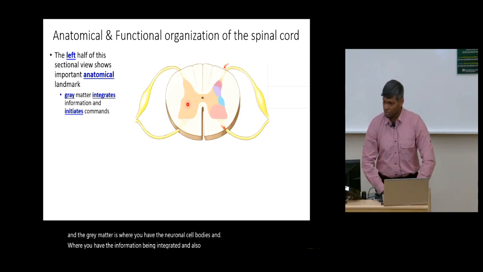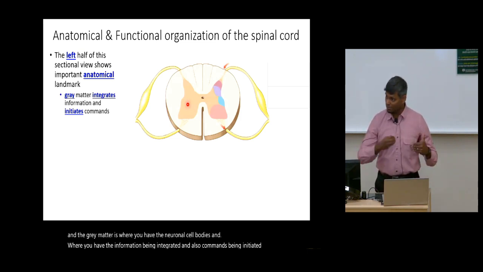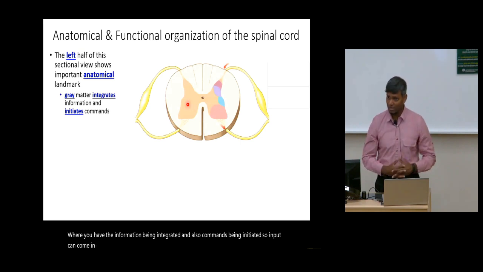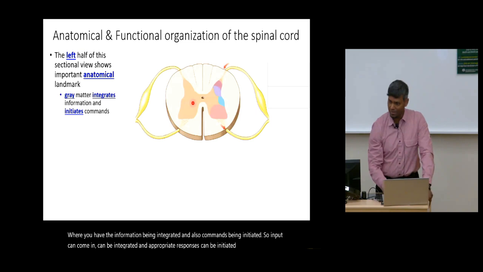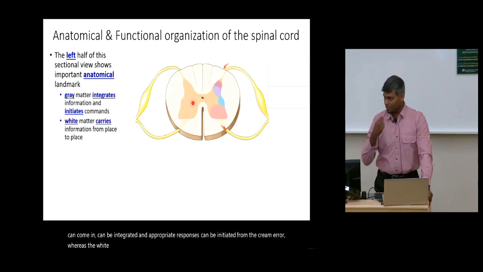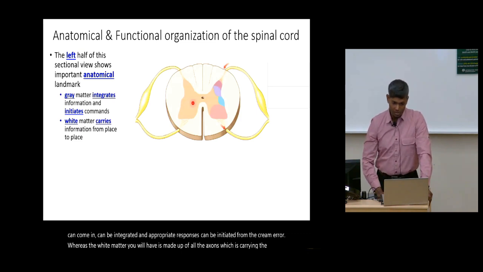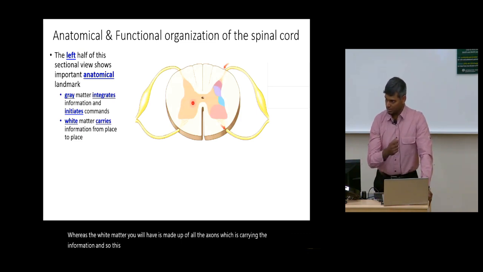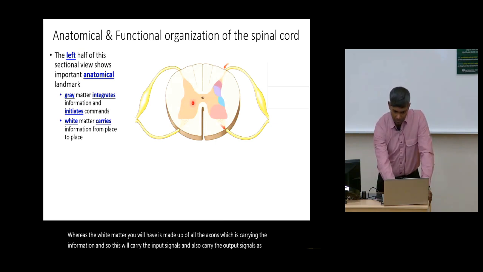commands being initiated. So input can come in, can be integrated, and appropriate responses can be initiated from the gray matter. Whereas the white matter is made up of all the axons, which are carrying the information, and so this will carry the input signals and also carry the output signals as well.